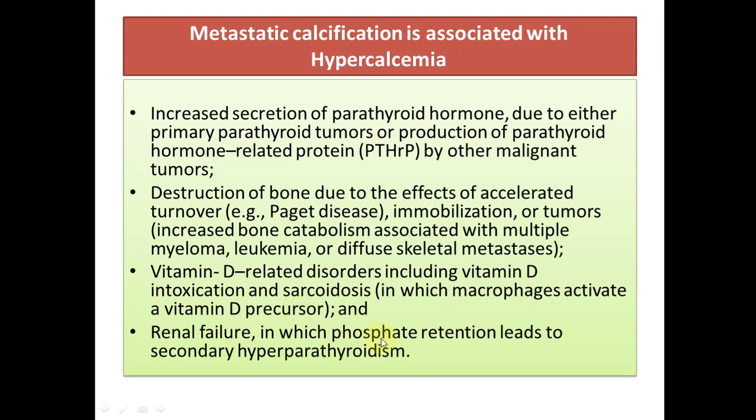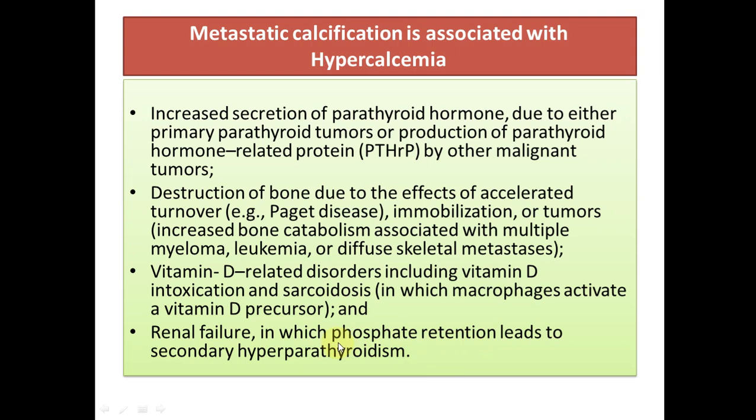Now, another condition. We know that the renal excretion and reabsorption of calcium as well as phosphate are controlled by the parathyroid gland, and normally the parathyroid gland increases the reabsorption of calcium, but it increases the excretion of phosphate. Now, in a condition in which the kidney is damaged, as in renal failure, the kidney will be unable to excrete excess phosphate and more phosphate is retained in the body.